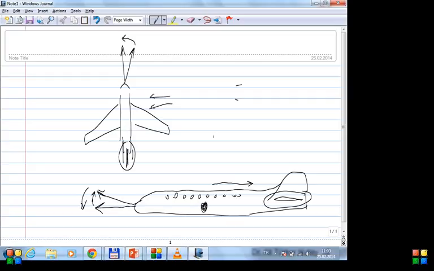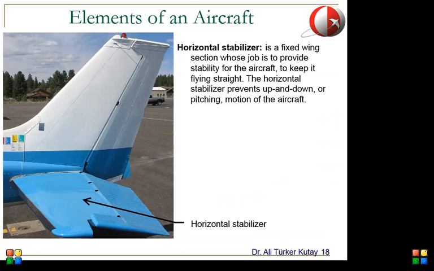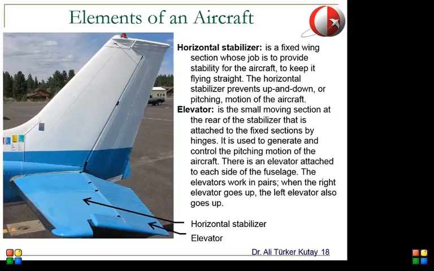So by the way, I will be talking more about how this really works. Now I'm just explaining the purposes of these elements. Again, I'll be talking with more detail as to the operation of these elements. And just like the vertical stabilizer, on your horizontal stabilizer you have a moving section, and this moving section is called the elevator.